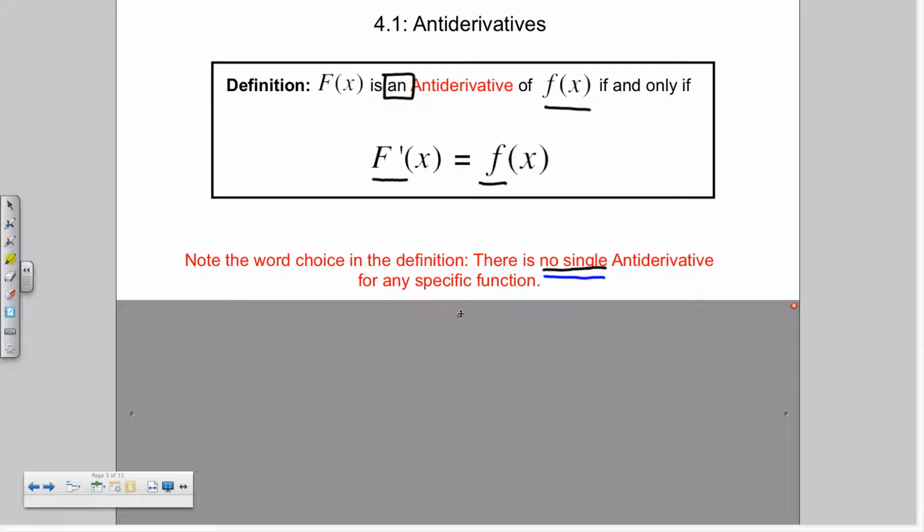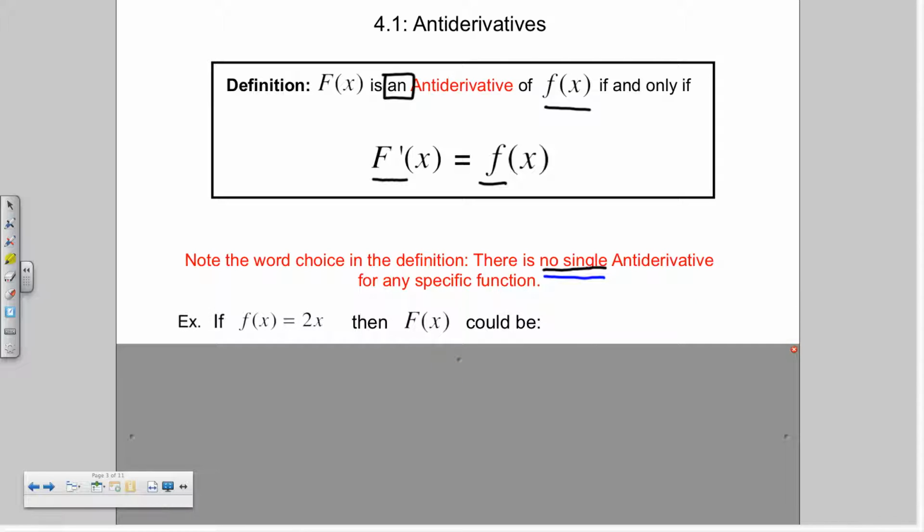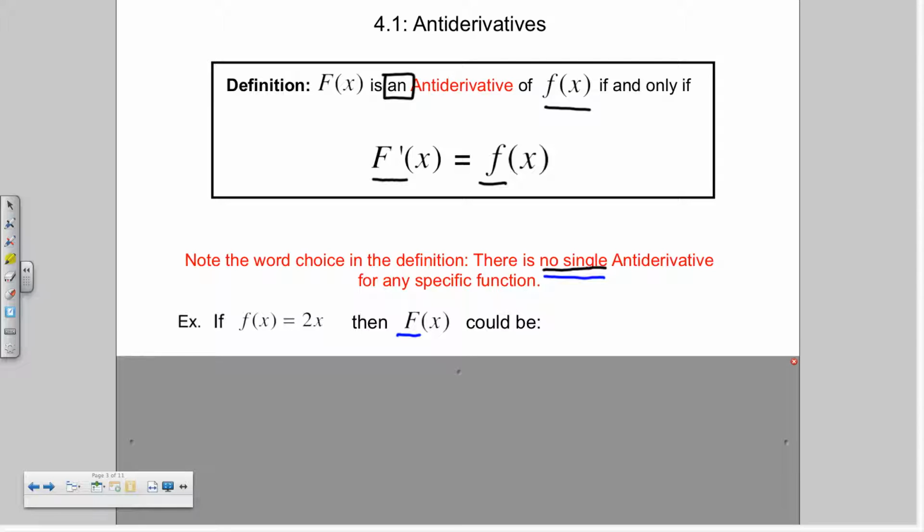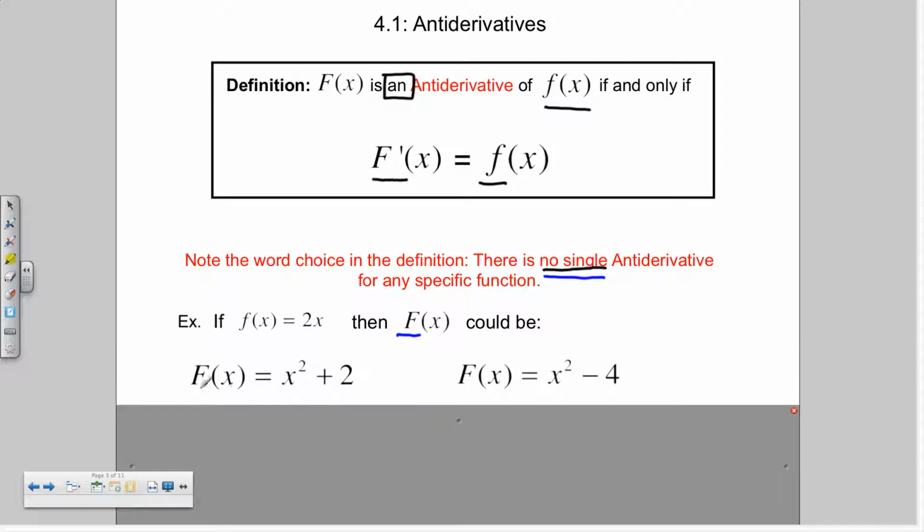Okie doke. So you should have seen or thought about that, like, if regular f of x is equal to 2x, then its antiderivative, big F of x, could be capital F of x equals x squared plus 2, because the derivative of this is just 2x again. We derive, we get 2x.